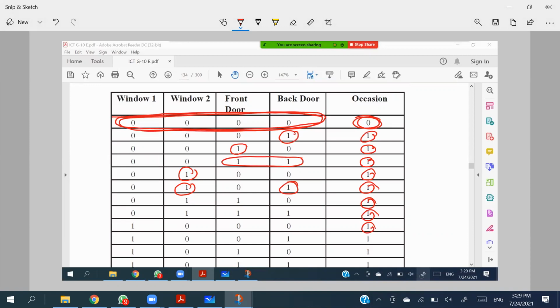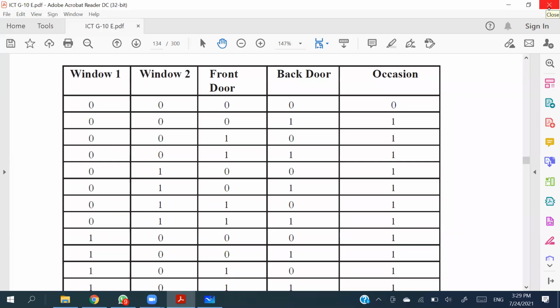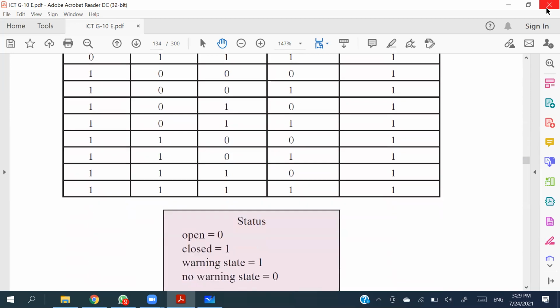So simple as that. That is the behavior of the truth table. If you are asked to create something like this, you can easily create it. We know how to create a truth table for a given expression, so we have done those things.